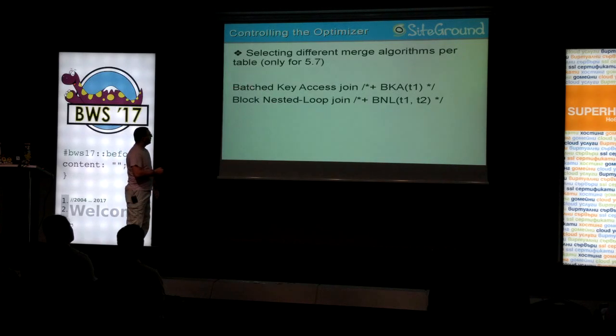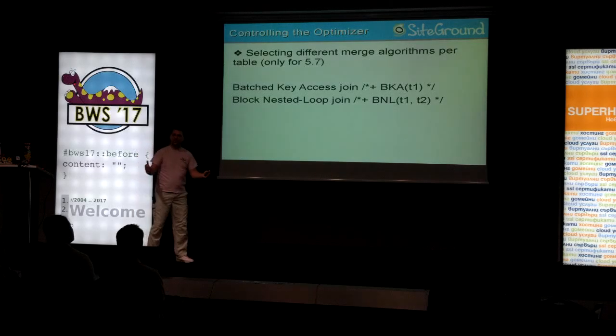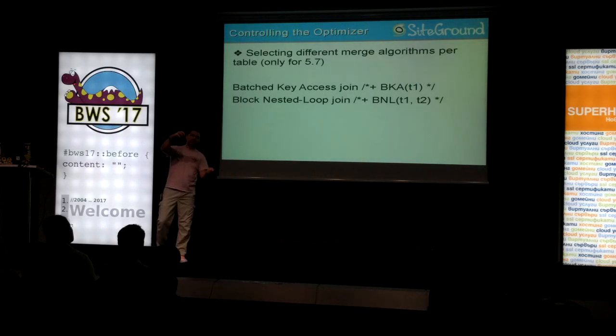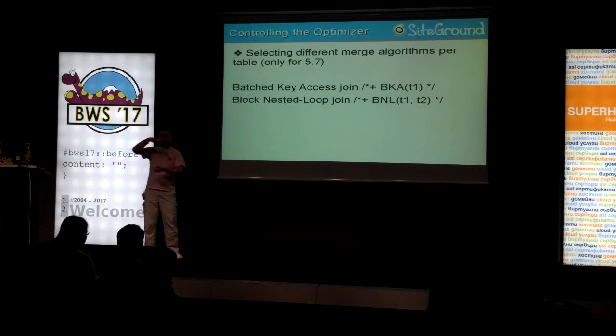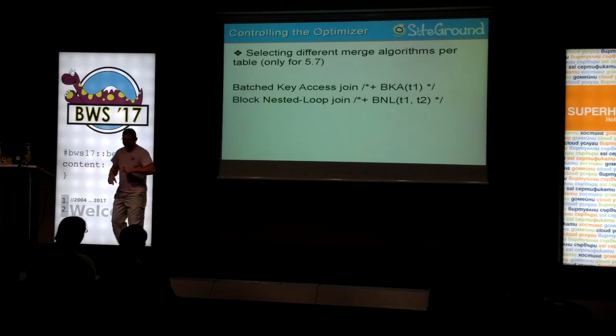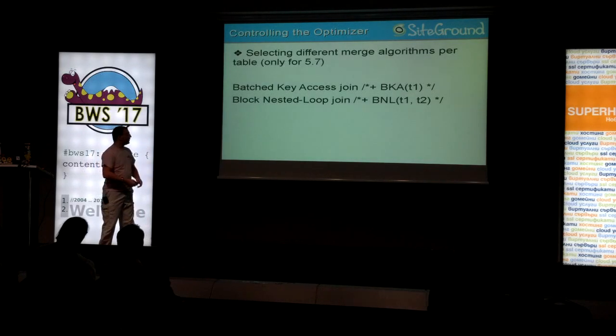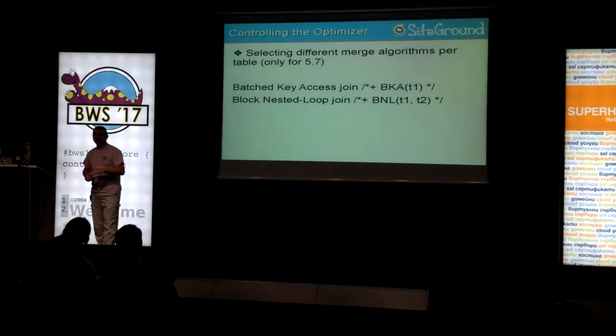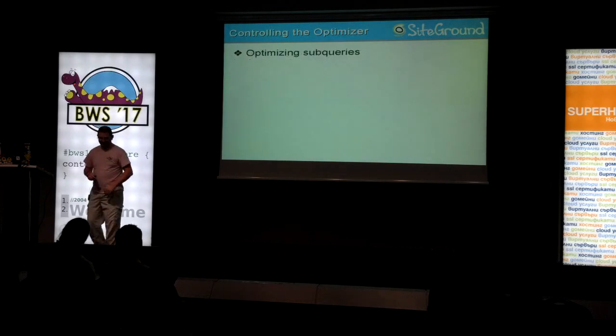But if you use batch key access, you can batch these from the outermost query to the innermost query, meaning that the outermost query may select like 10 or 1,000 rows and give those rows to the innermost query in your join. So you will get better performance because all the lookups inside the loop are done from memory. This doesn't work for all of your queries, so you should check if batch or block nested are better join optimization for you. This you can tell the optimizer to do.